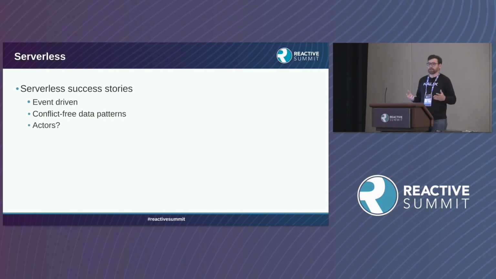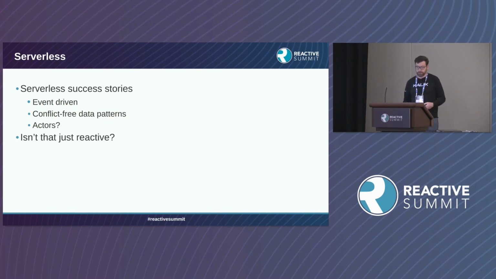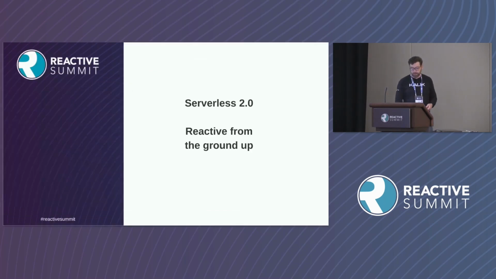And you even started to hear about things that sounded a bit more like actors, durable functions and things like that. And so we kind of saw this almost reinventing of reactive that people had to do in order to use serverless effectively and successfully. And so that's where at Lightbend we started talking about Serverless 2.0.